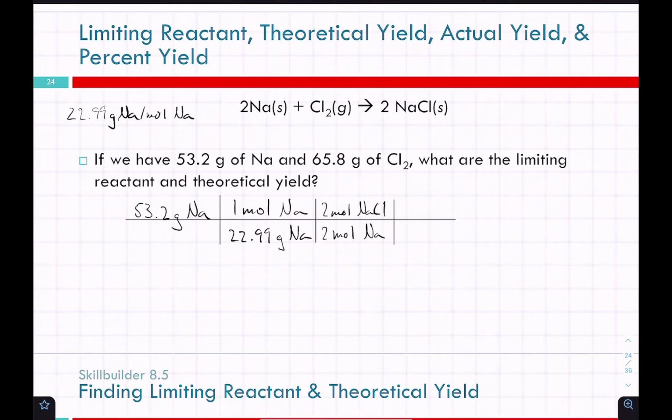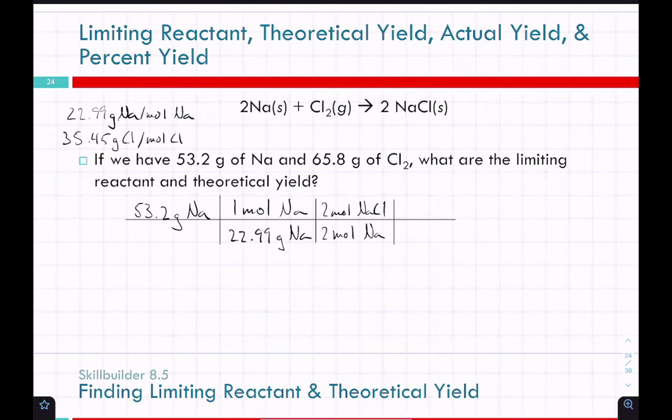So we know the mass of sodium is 22.99. Chlorine is 35.45. Double check that, yeah. That's grams of chlorine per mole of chlorine.